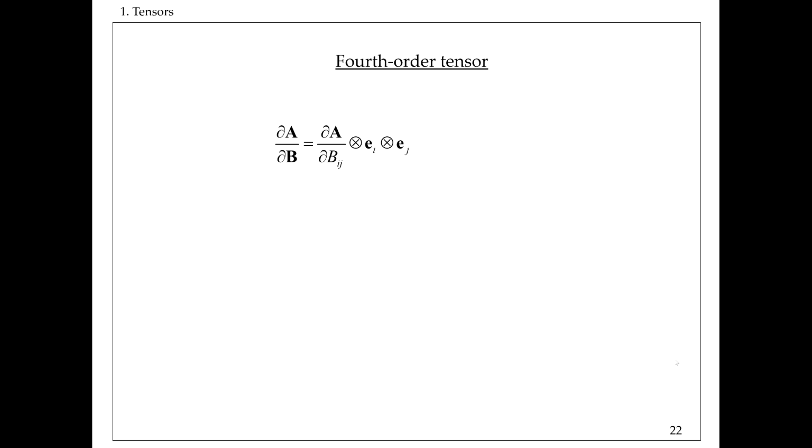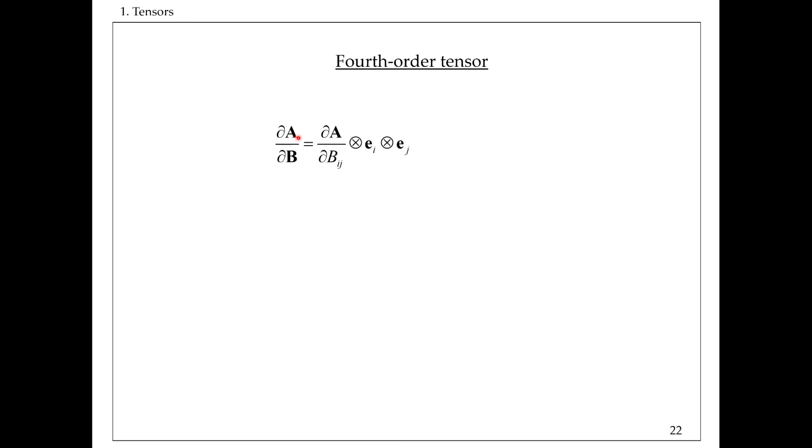So if we go back, here's our dependence again. Here's our second order tensor A, which appears to be somehow dependent on another second order tensor B. It may or may not depend.